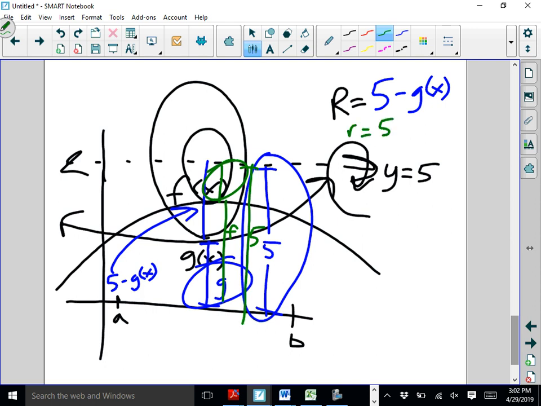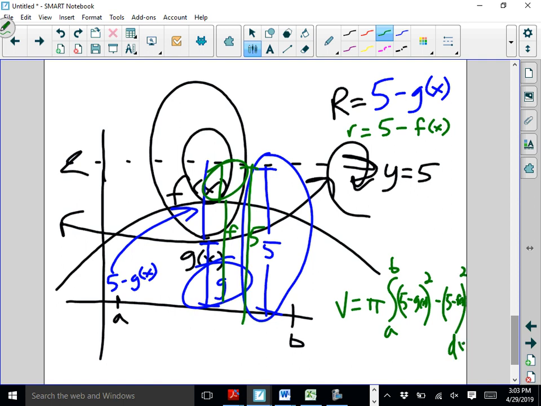Therefore, my volume would be pi integral left to right, a to b, of (5 minus g of x) squared minus (5 minus f of x) squared dx.